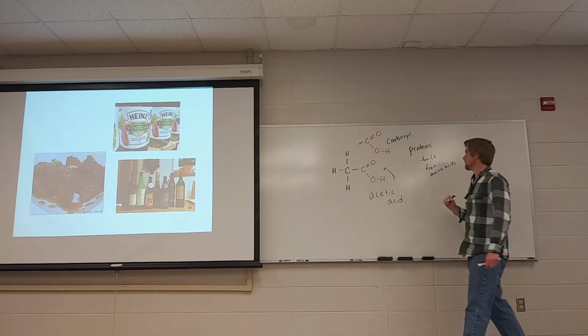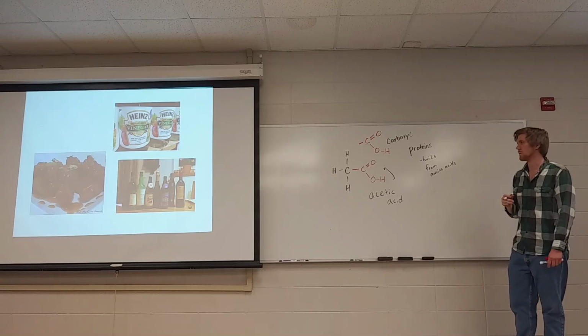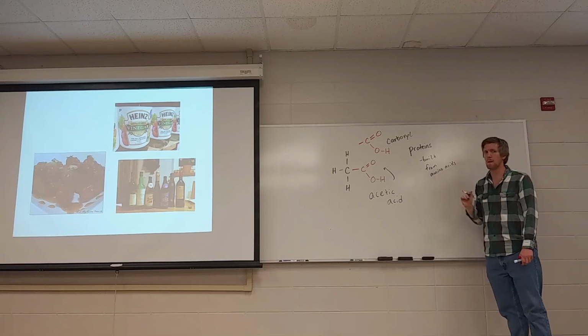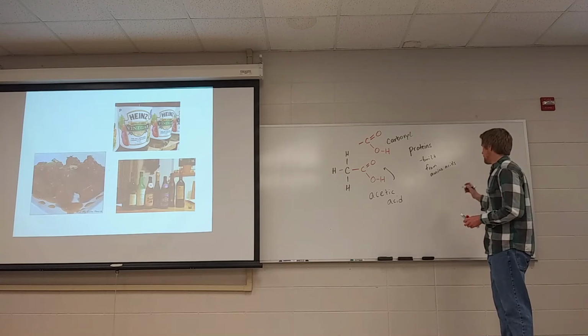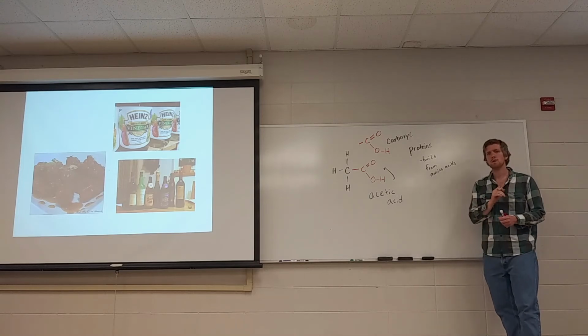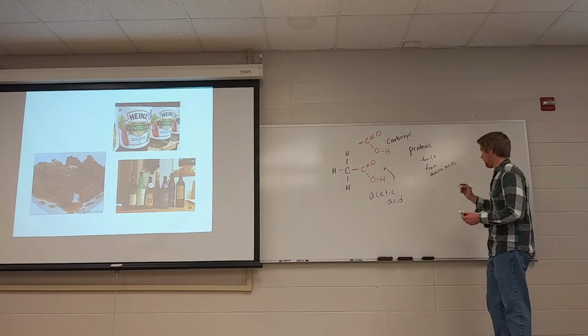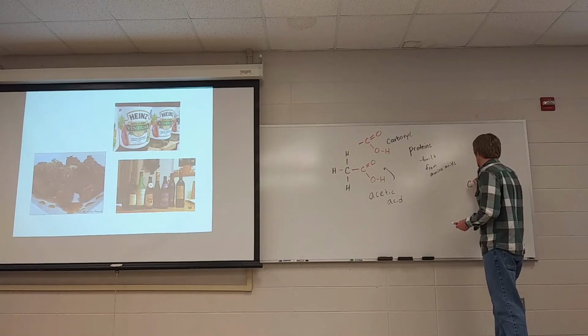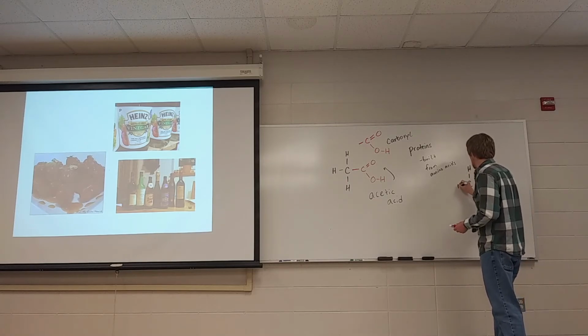So if you want to get your amino acids, you consume protein in order to get those because it's built from them. And the generic amino acid structure, which you'll learn a lot more about later on, looks like this.